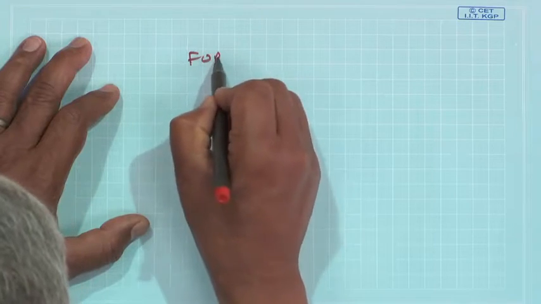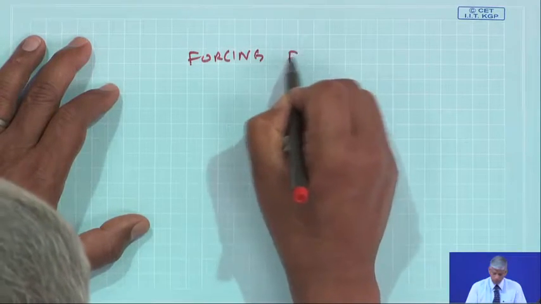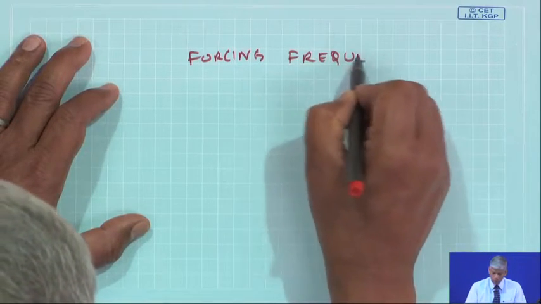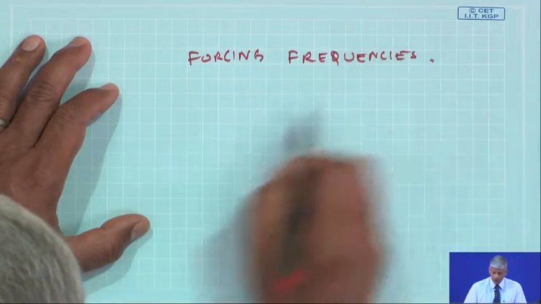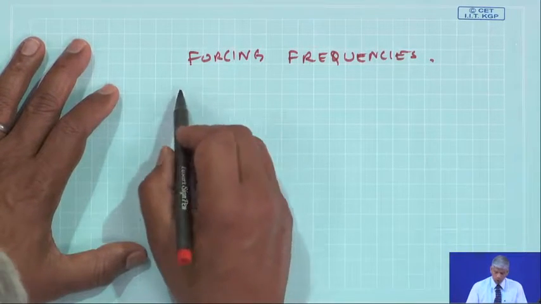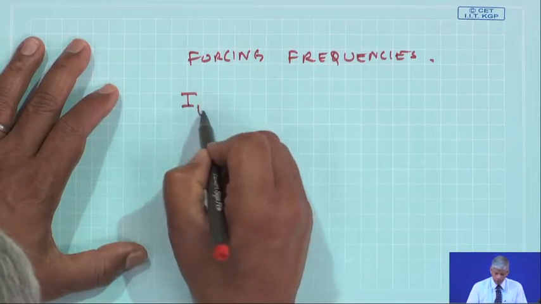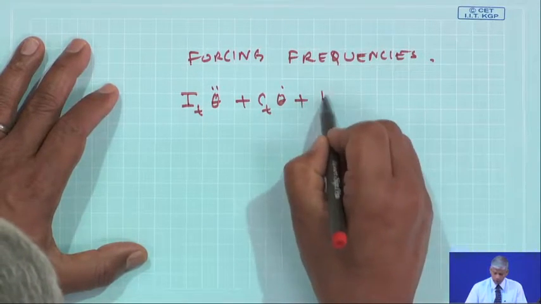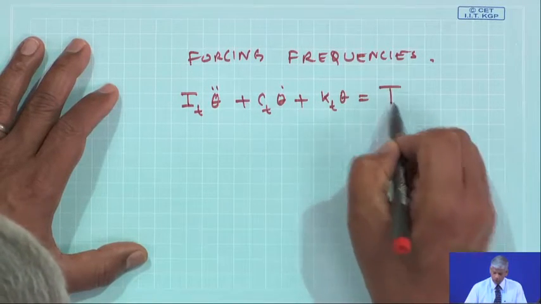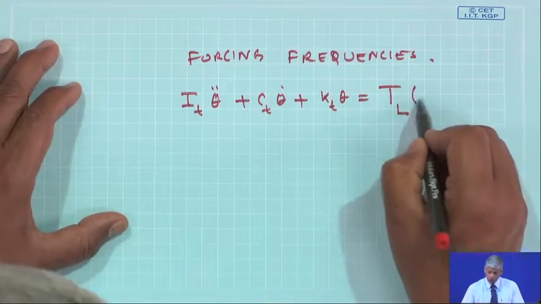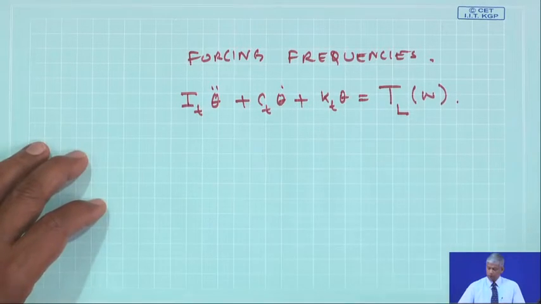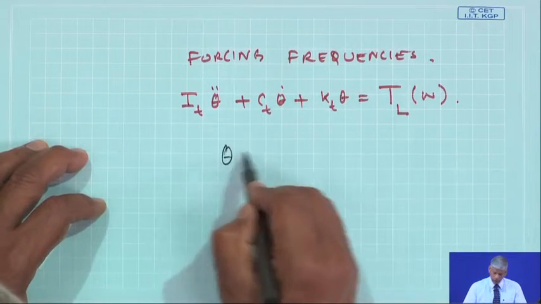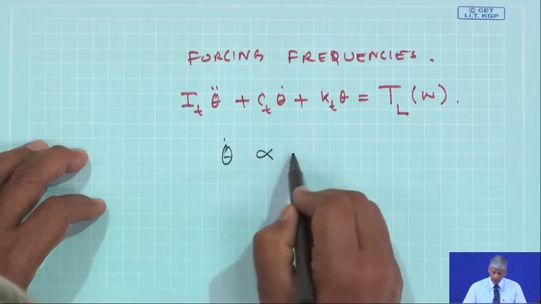Why is this important? Because there is something known as forcing frequencies. As you know, for any system, if I write it in the rotational domain, it theta double dot plus ct theta dot plus kt theta is equal to some load torque TL, which is a function of omega. Obviously, theta will respond at omega.